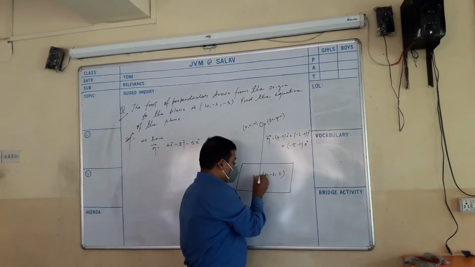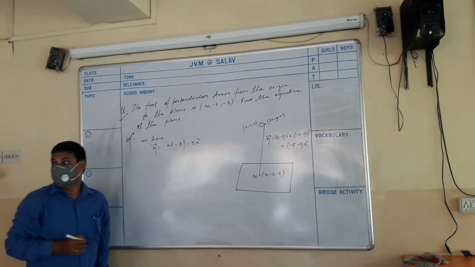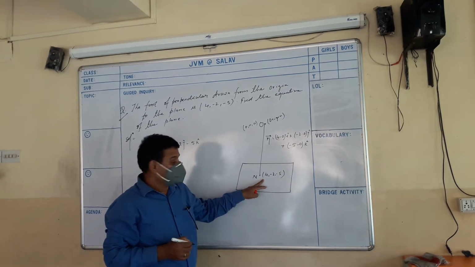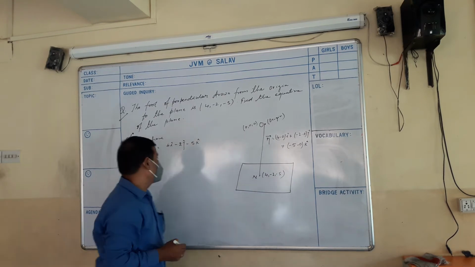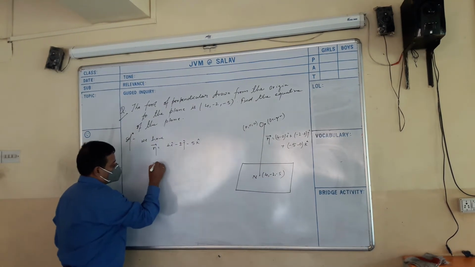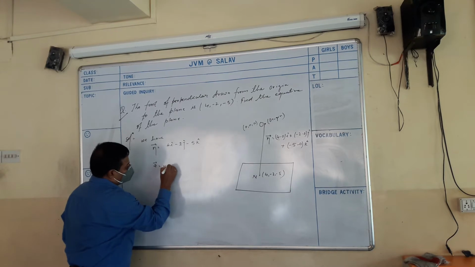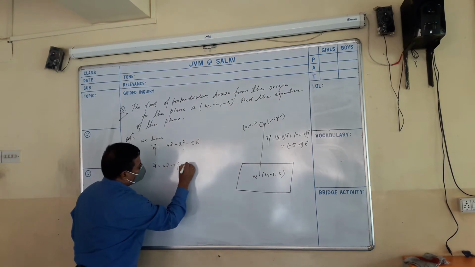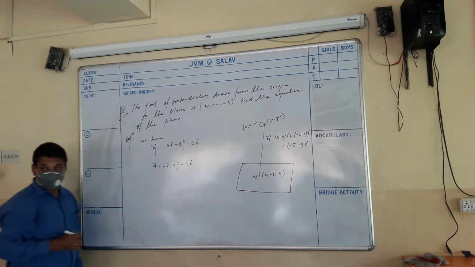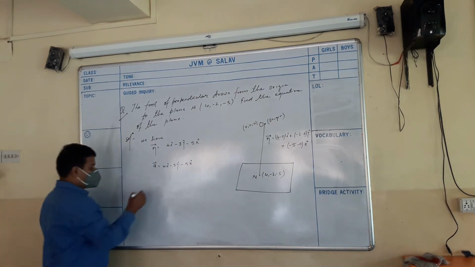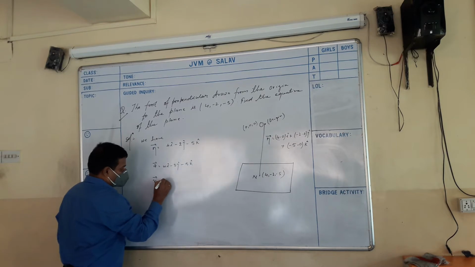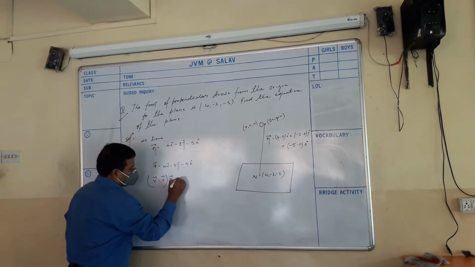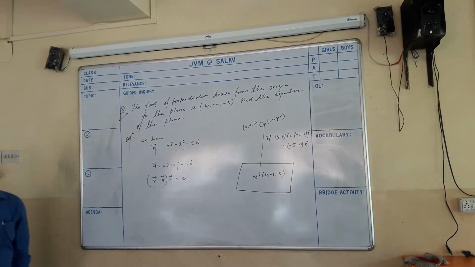Now the position vector A: the plane is passing through the point (4, -2, -5), so vector A is also 4i minus 2j minus 5k. What is the equation of a plane? The equation of a plane is (vector R minus vector A) dot vector N equals 0.